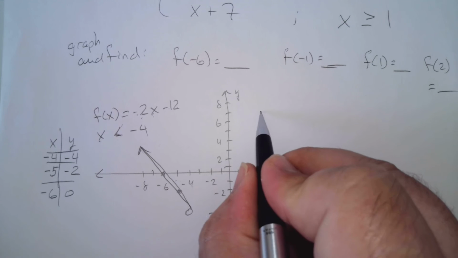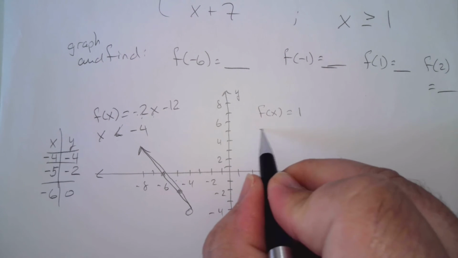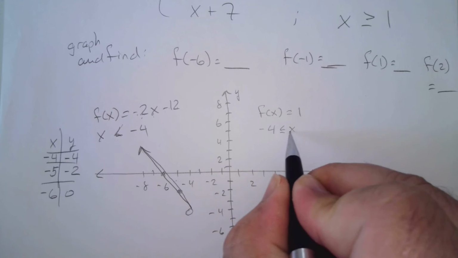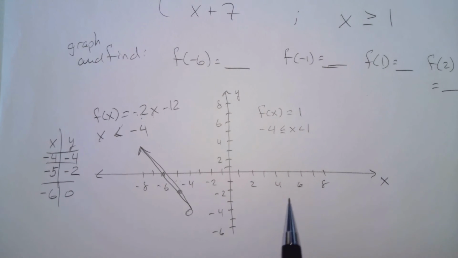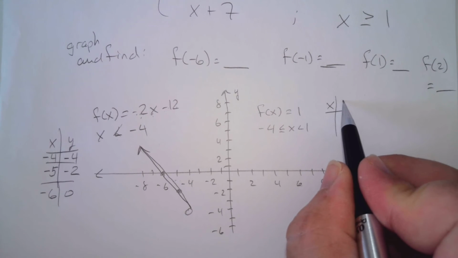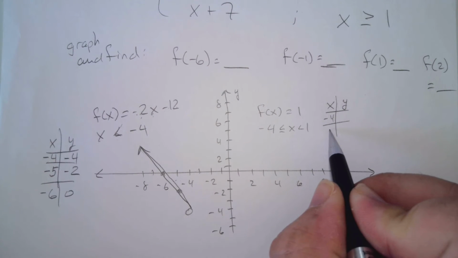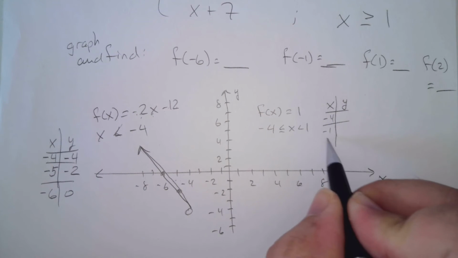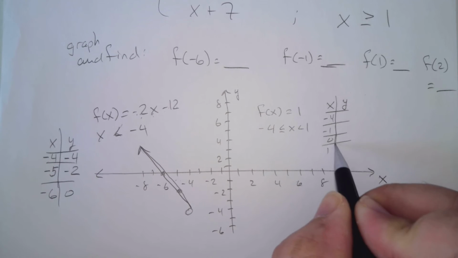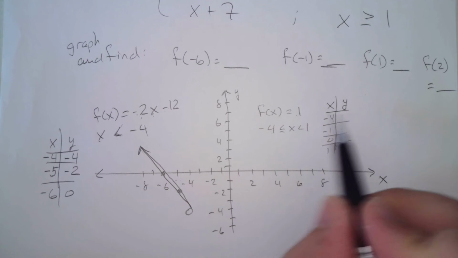Then my second line, f of x equals 1 from negative 4 to 1. So at negative 4, negative 1, 0, 1. At negative 4, it's 1.